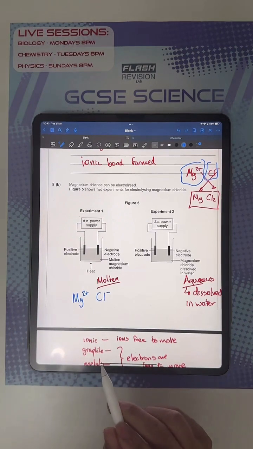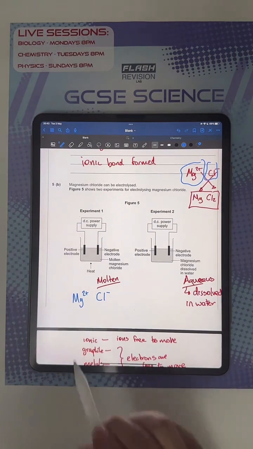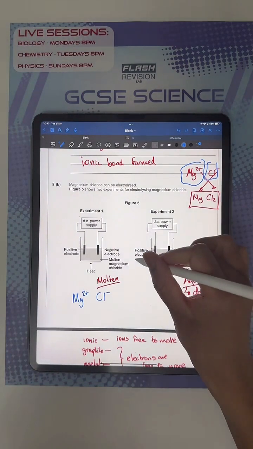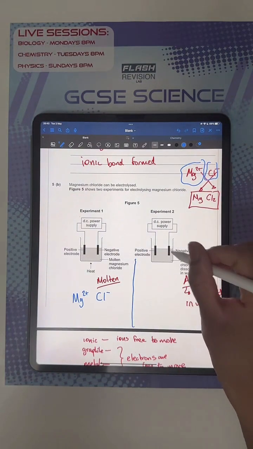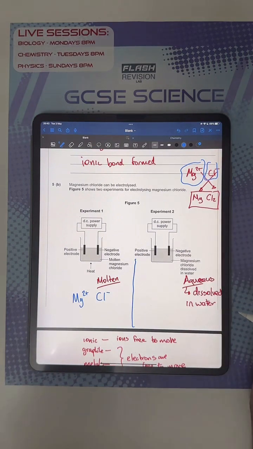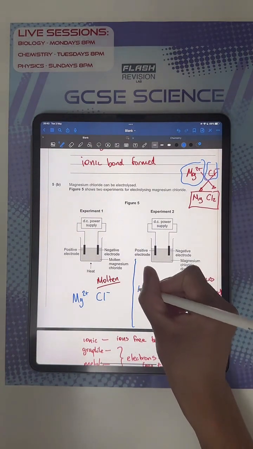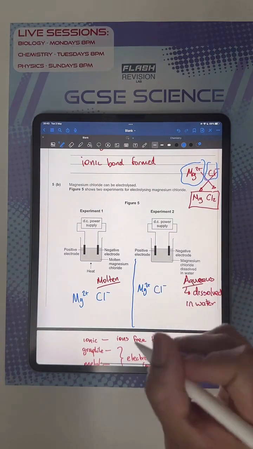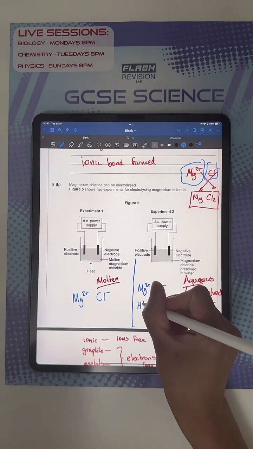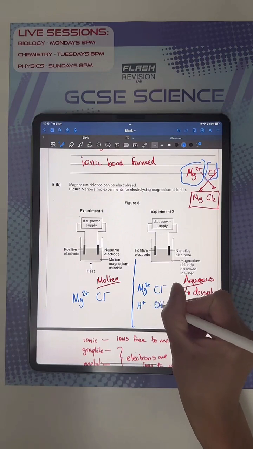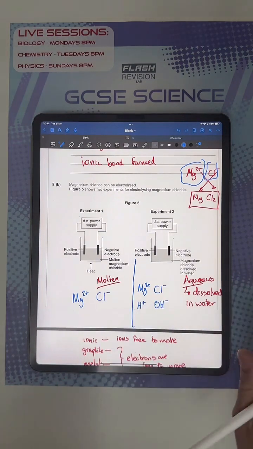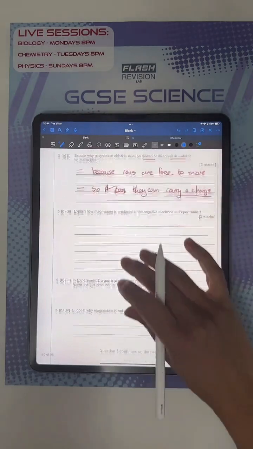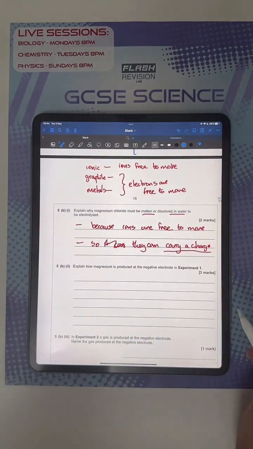This is molten, so that means it's only got Mg2 plus and Cl minus. No H plus, no OH minus. This side, this is aqueous, so it has Mg2 plus, Cl minus, but it also has H plus and OH minus. Okay, we'll forget about that for now. This question is only asking about molten. It's saying, how is magnesium produced for 3 marks?